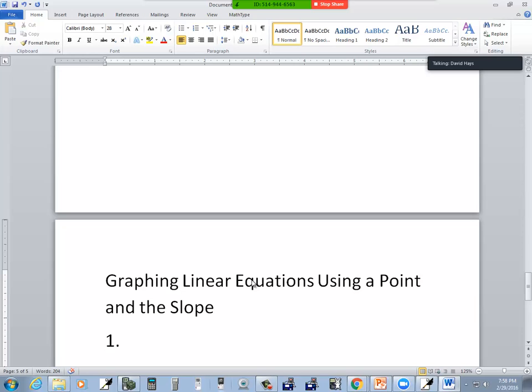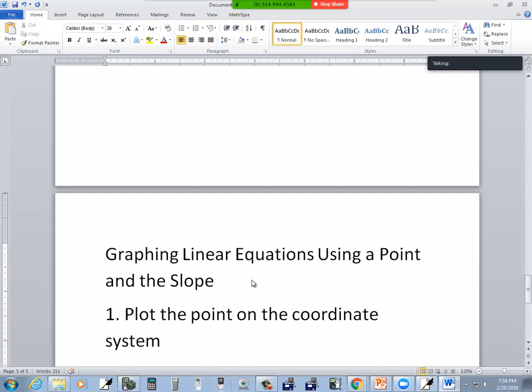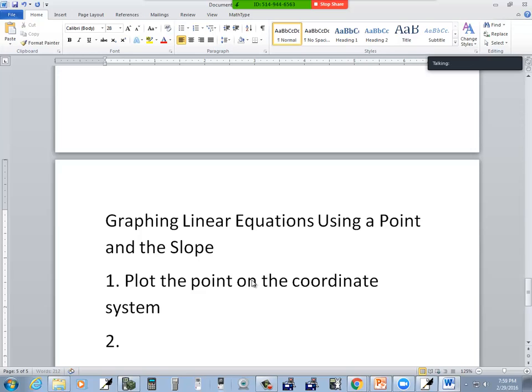Now our first step would be to plot the point on the coordinate system. That's our x and y coordinate system. There's other coordinate systems besides x and y, but that's all we're seeing in this class.